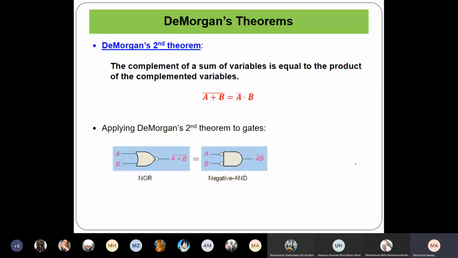The second De Morgan's theorem is the complement of a sum. The complement of a sum of variables is equal to the product of complemented variables.